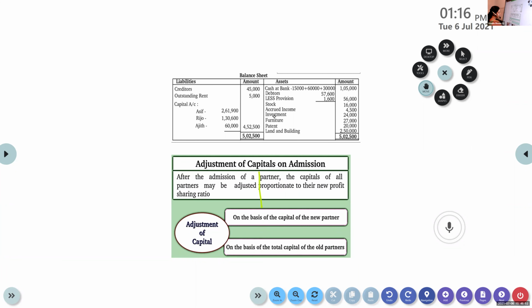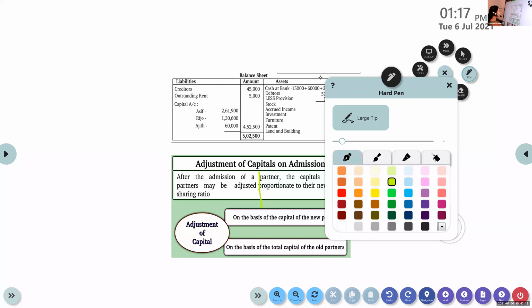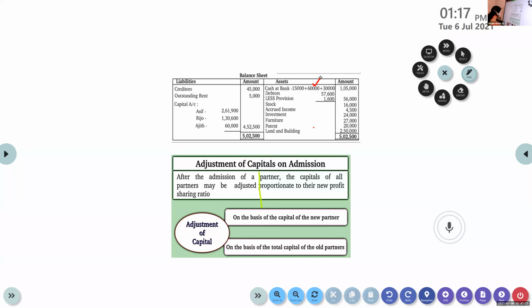The cash balance calculation is the old cash balance, that is 15,000, plus the capital contribution by the new partner, that is the 60,000 capital contribution plus his share of goodwill. That will give you 1,05,000.